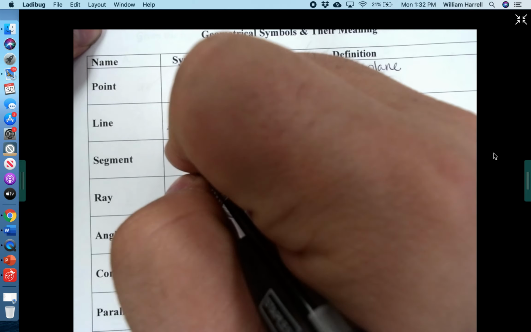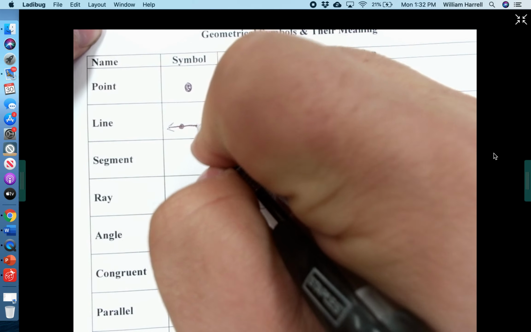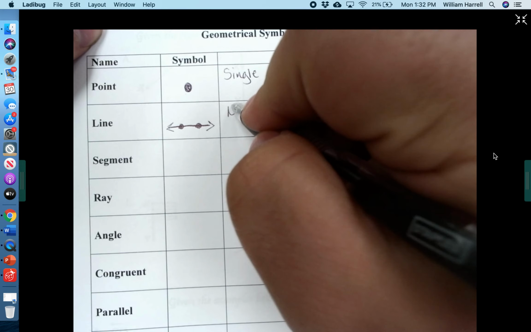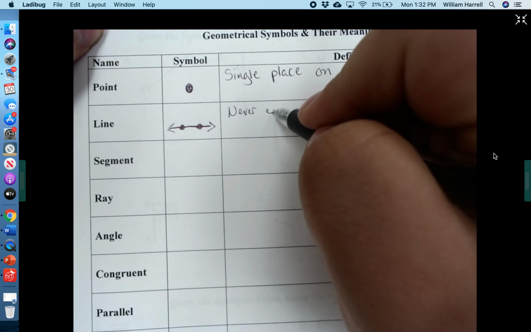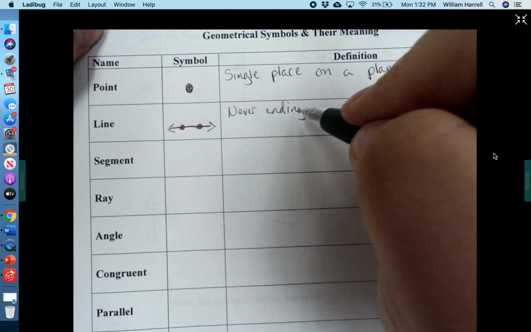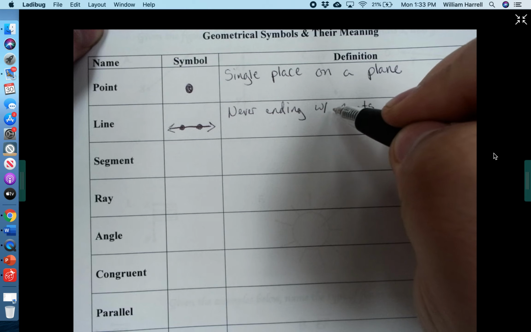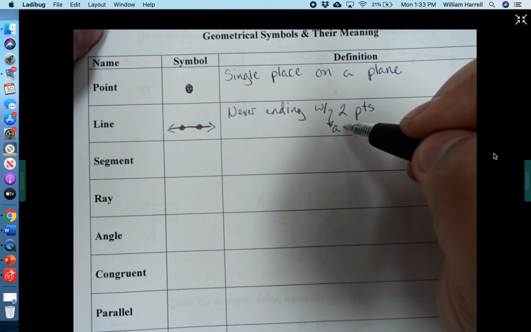Also, a line has to have at least 2 points. It's a never-ending segment with at least 2 points.